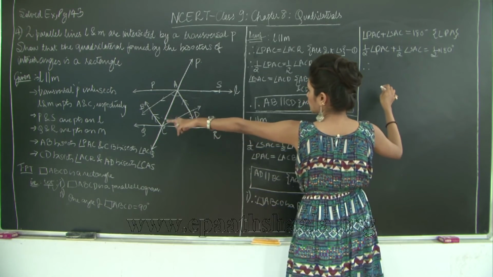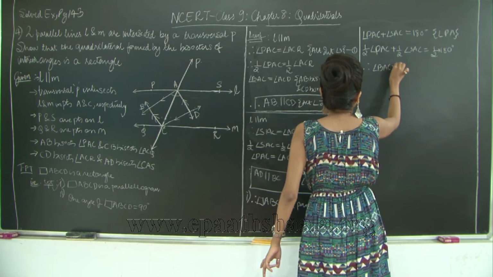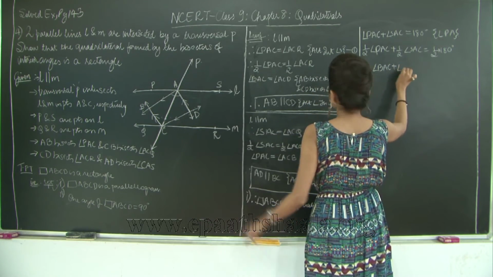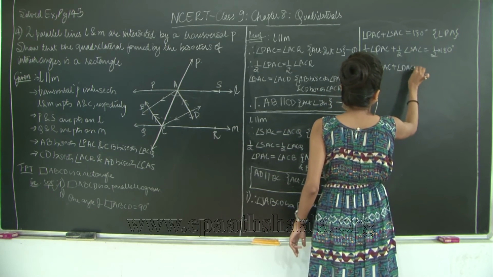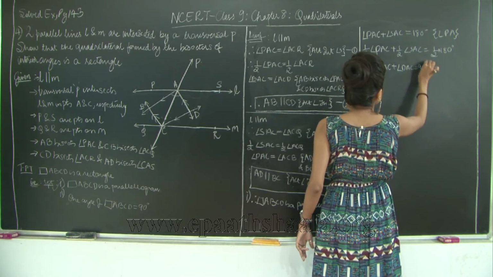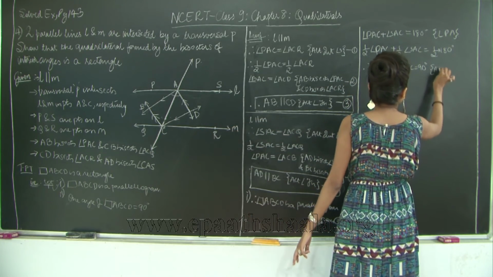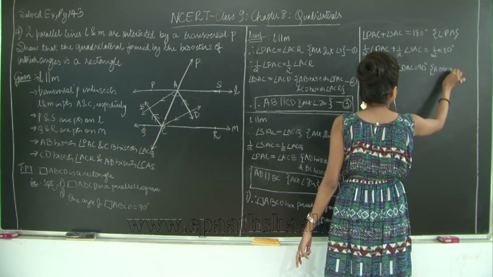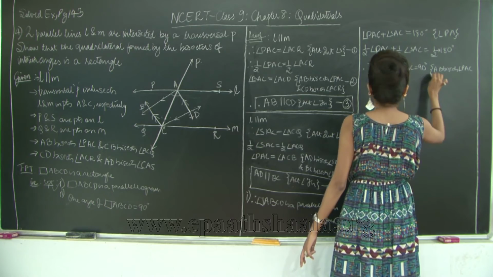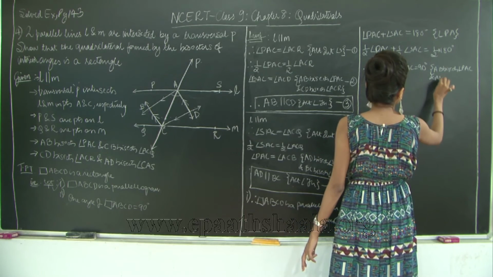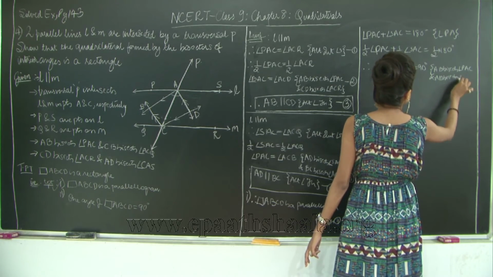Therefore, what do I get? That angle BAC plus angle DAC is equal to 90 degrees. Why? I am going to write that AB bisects angle PAC and AD bisects angle SAC.